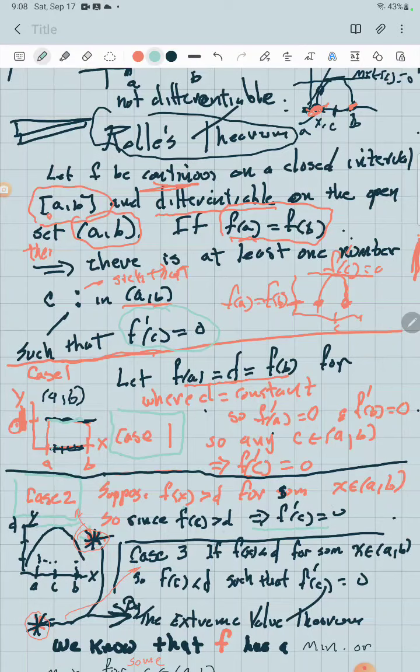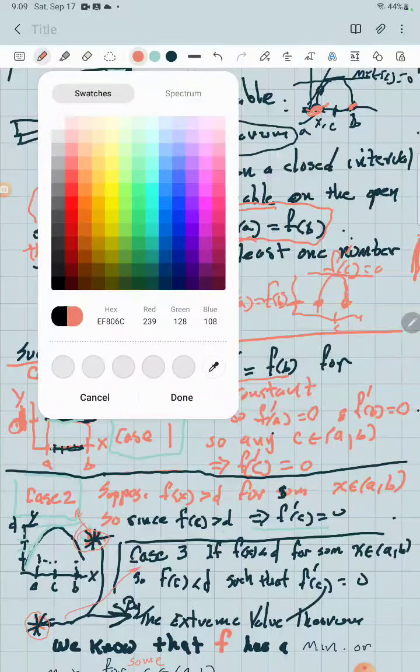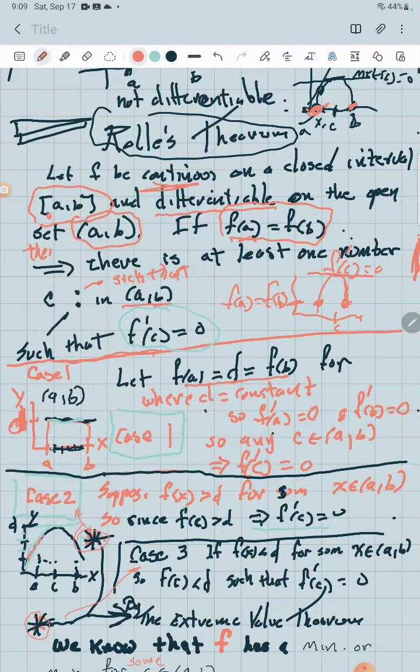Suppose in case 2 that every value of f of x here is going to be less than d. So d we can say is the local maximum, from here to here. So this is going to be a local maximum as we go up from here to here. There's the local maximum, see?